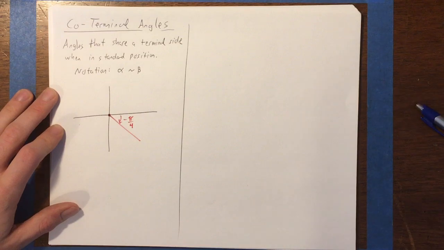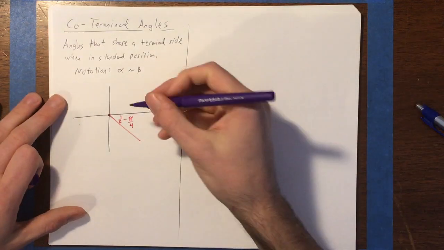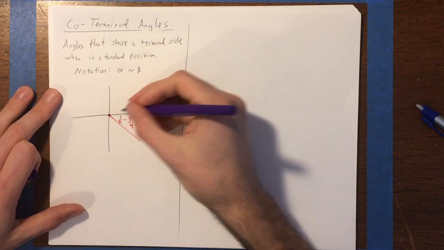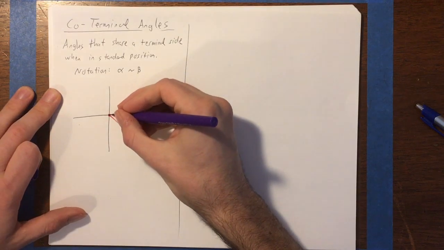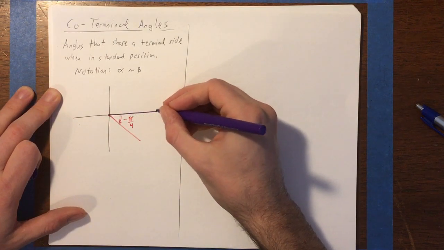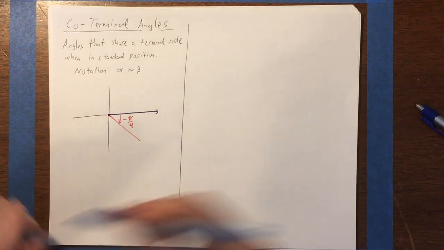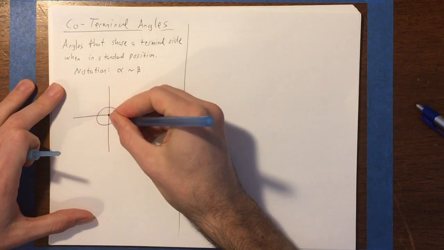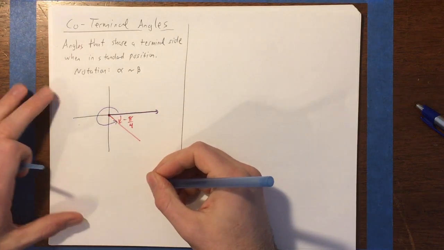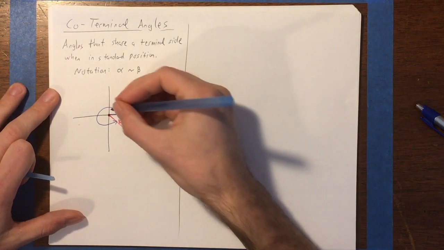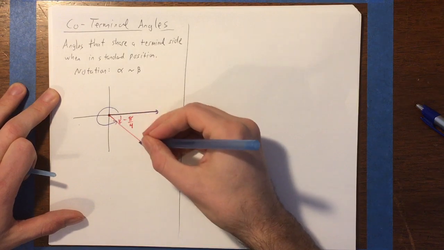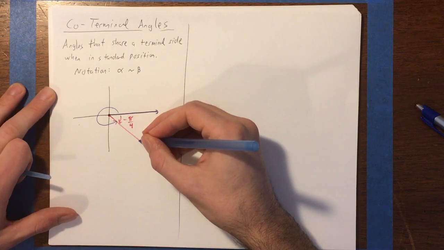Well, one thing we could do is measure around the circle in a positive direction, starting from our positive x-axis here. We could go around the circle, say, like this, and then stop right there. So what angle would that be? If it stops in the same place, it terminates at the same side, then it's going to be coterminal.